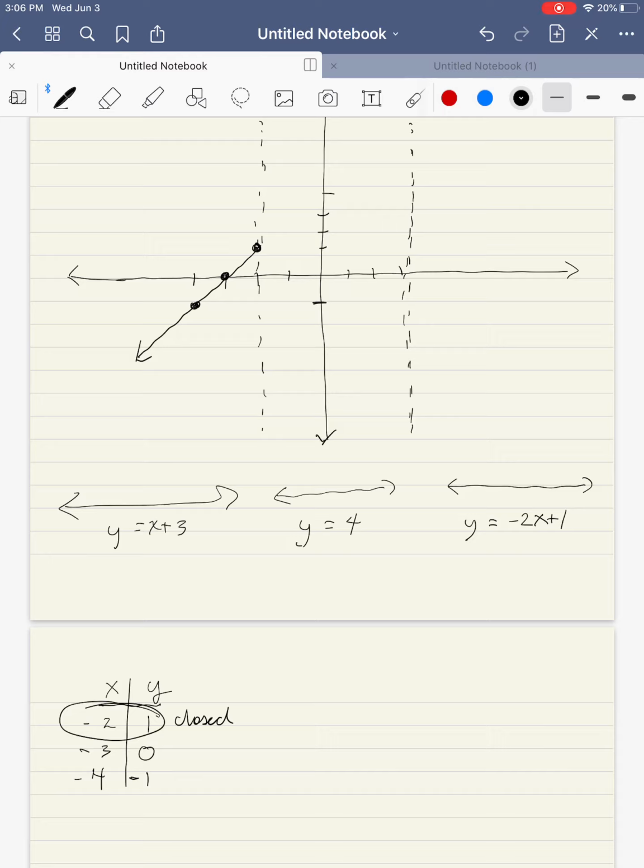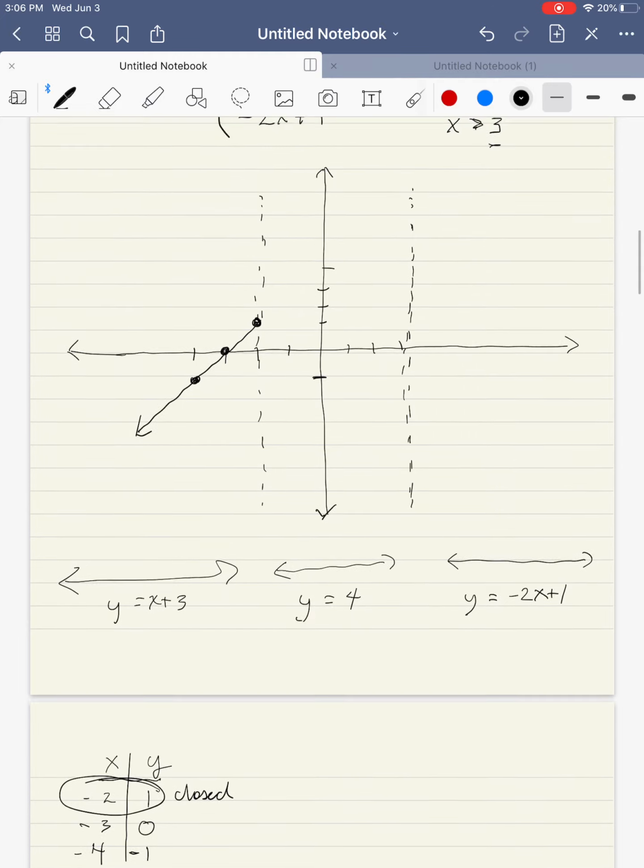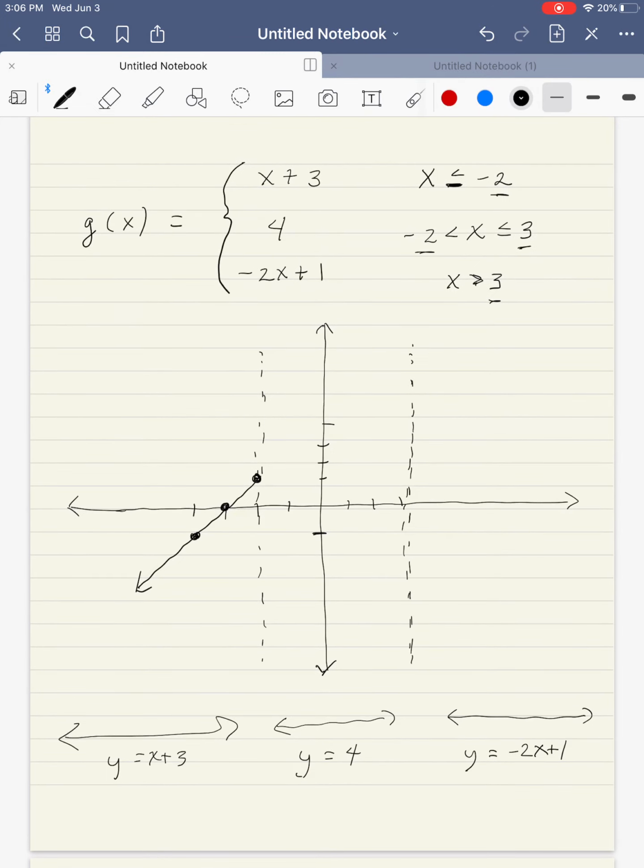Now let's look at the middle piece here, y equals 4. As we learned in a previous video, that is a horizontal line. And I know that because it only has y equals and then some number. There's no x there. So that means that y is always 4, regardless of what x is. And that's what the graph will look like in the region between negative 2 and positive 3, not including negative 2 and including 3, because there's no little equal sign here and there is an equal sign here.